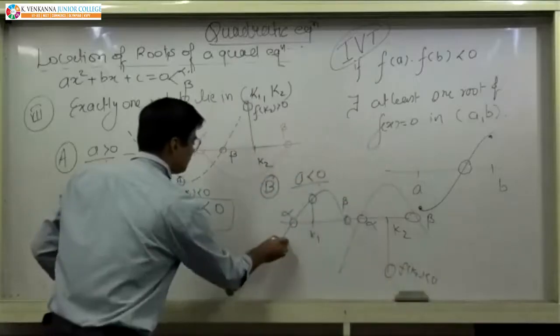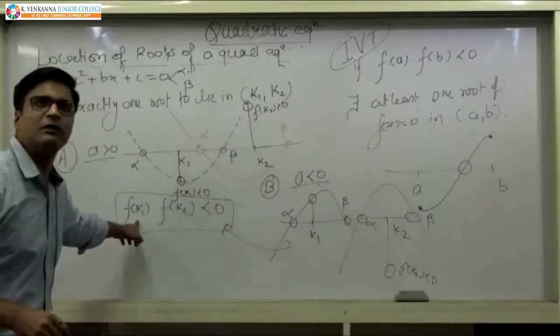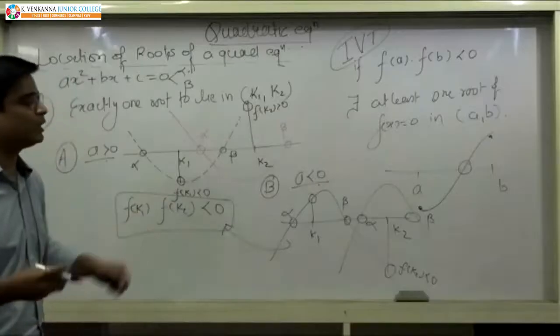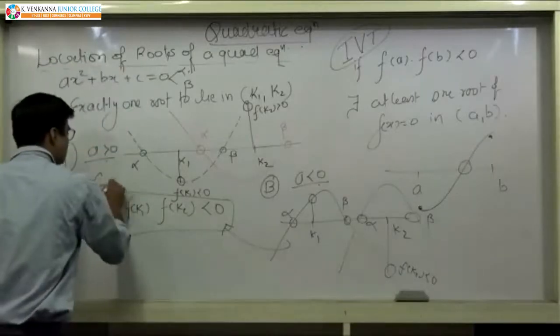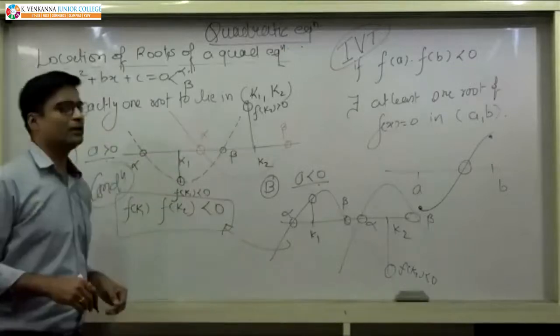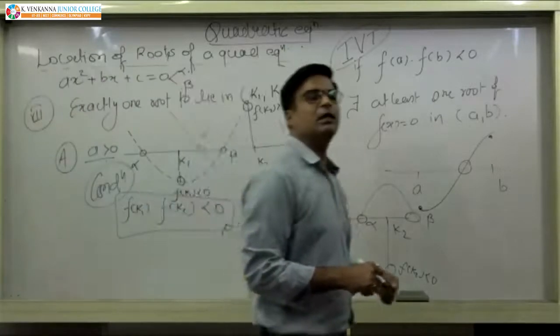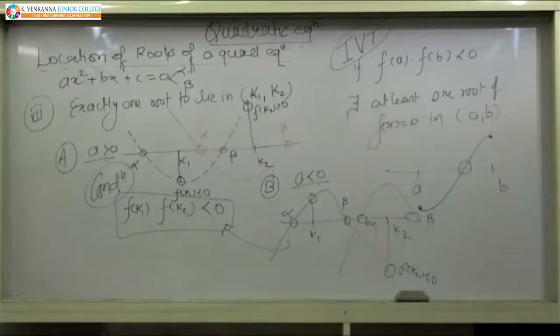So again, we will arrive at this particular condition that f of K1 and f of K2 must be of opposite sign. So that is the only condition if you are talking about exactly one root lying in the interval K1, K2. Is it clear? It is directly coming from intermediate value theorem, IVT.